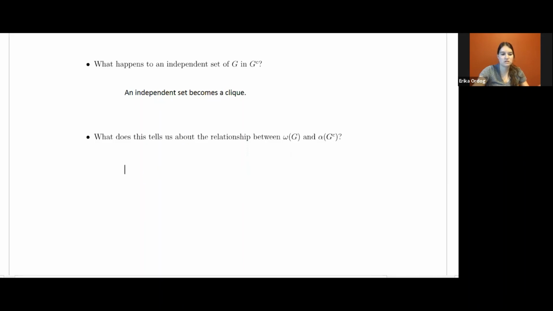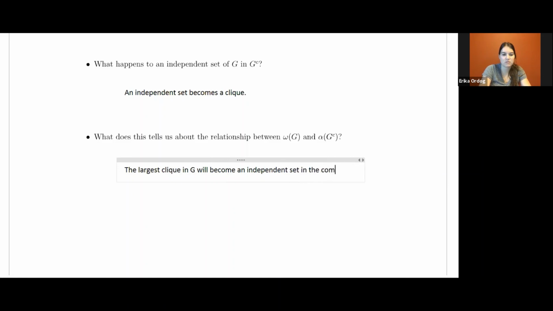So the largest clique in G, by what we just talked about earlier, will become an independent set in the complement of G. And this independent set will be the largest independent set.